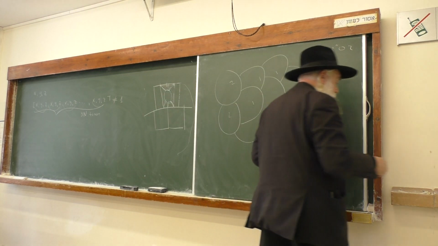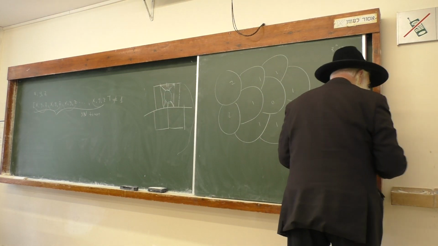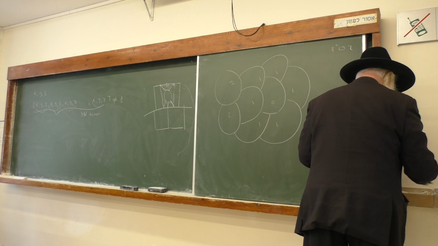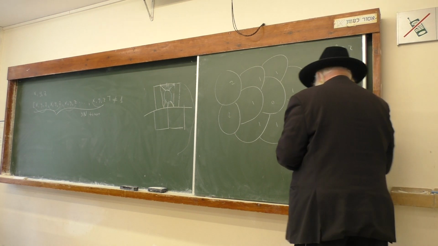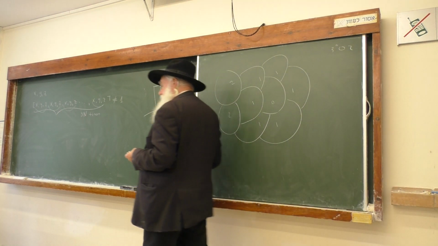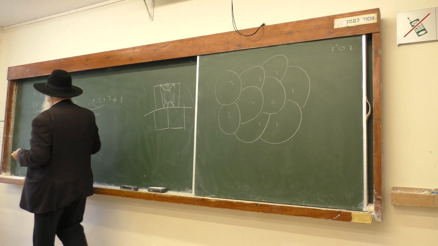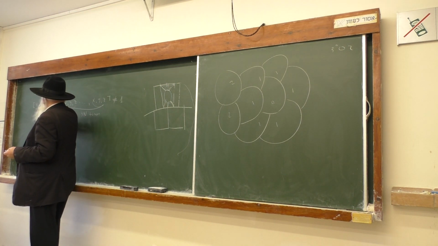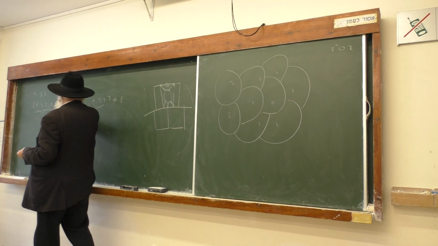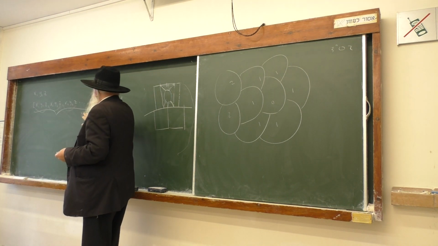So I'm repeating it. Let me say it again. We can write a word, a commutator x, then y, z, then repeatedly x, y, z, x, y, z, etc. n times.